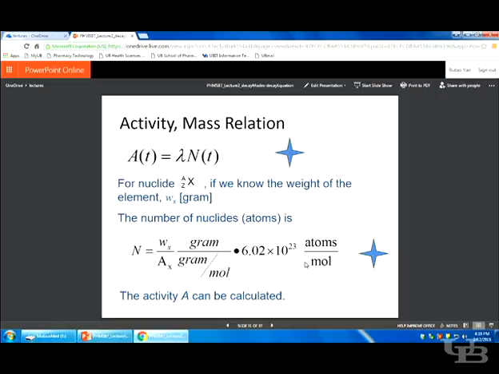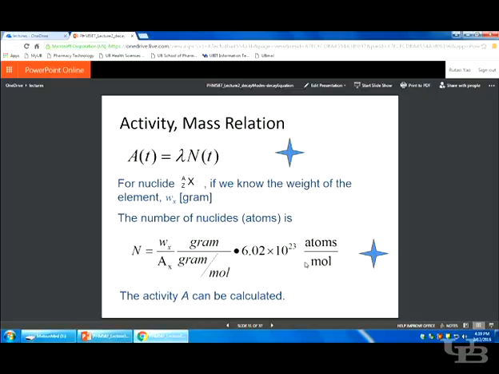For a radionuclide, once we know which kind of radionuclide it is, we have a handbook or a table somewhere with information, including the decay constant, or most of the time, the half-life is given.